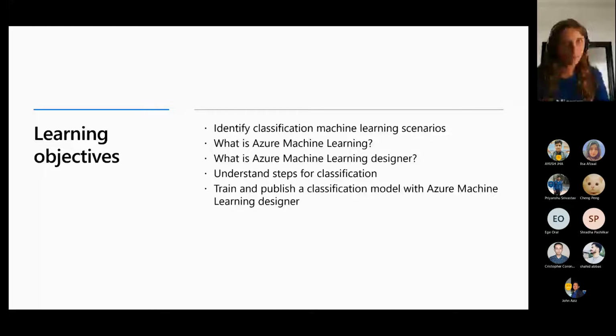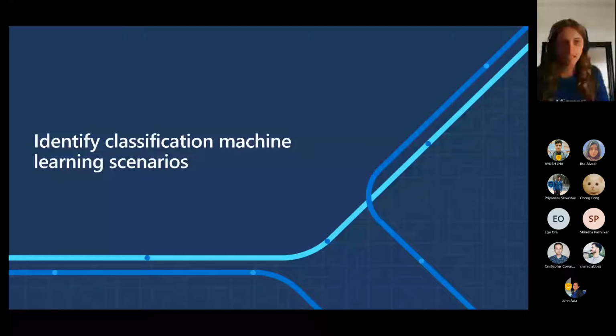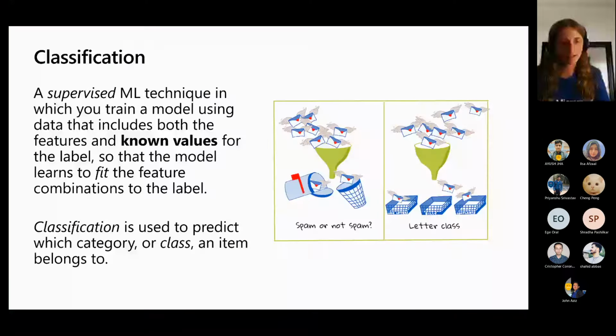So let's start from the beginning. Let's start from identifying classification machine learning scenarios. So first of all, what is classification? Classification is a form of machine learning that is used to predict which category or class an item belongs to.